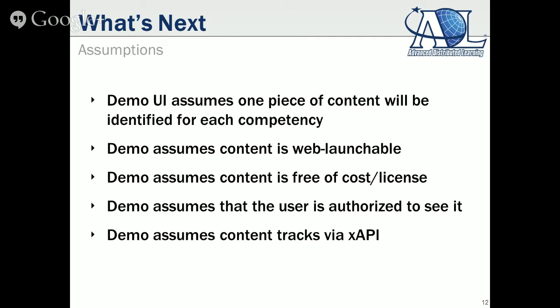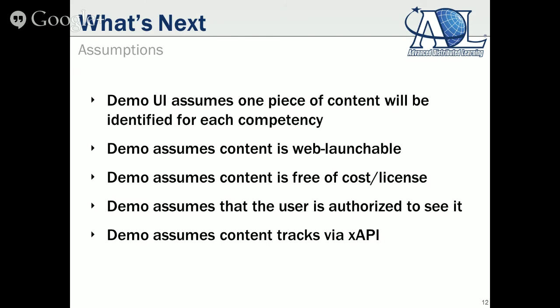Also, the demo assumes that the content tracks via the Experience API, and that's not entirely true when you get to the YouTube video case, but that lends itself to the idea of this player notion. So when you search for content, if you're able to identify by the metadata or paradata or other information what type of content it is, you may be able to do some tracking on its behalf.